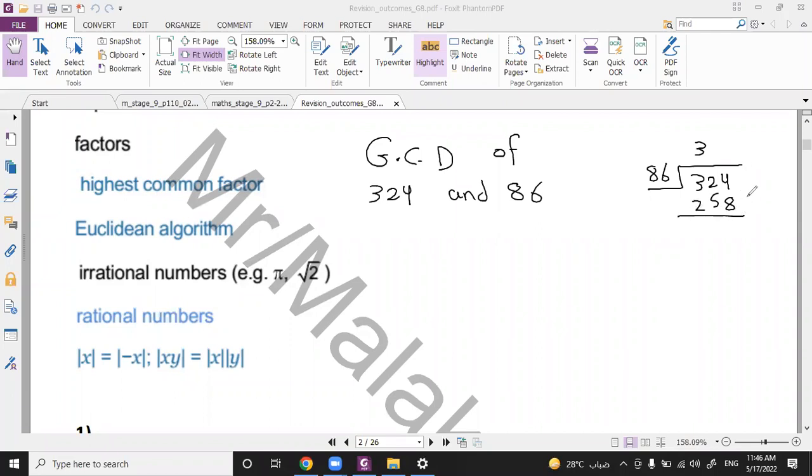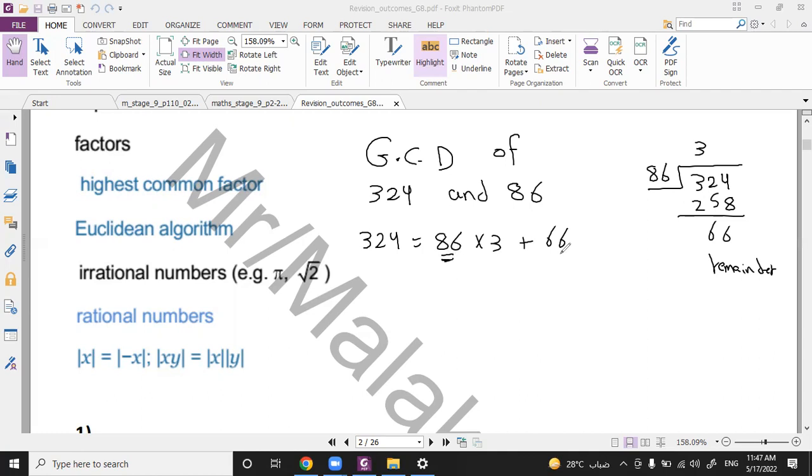And the remainder is 324 minus 258 equals 66. So we can write 324 as 86 times 3 plus 66. You know that 66 is the remainder, and 324 is the dividend, and 86 is the divisor.